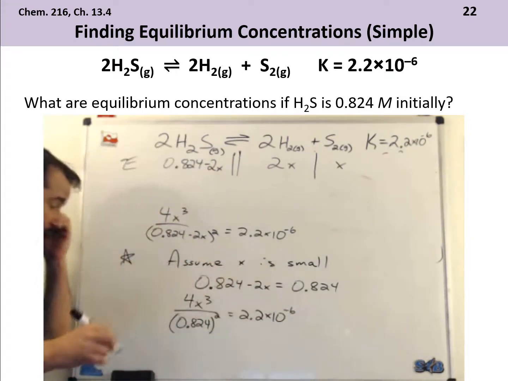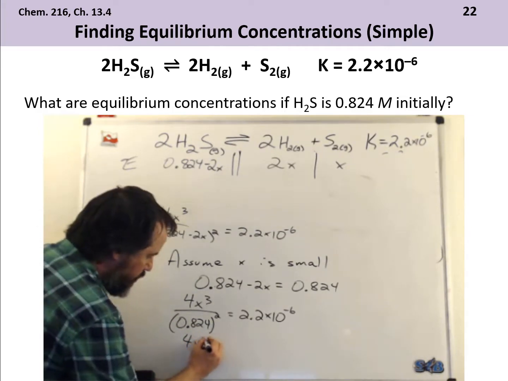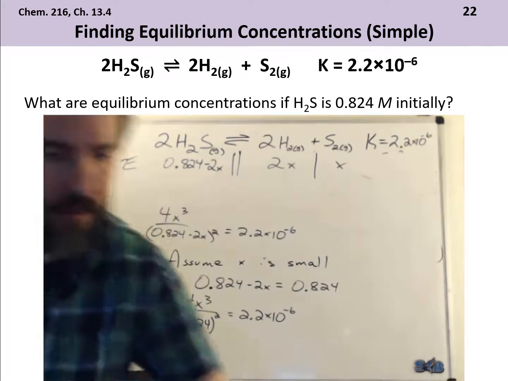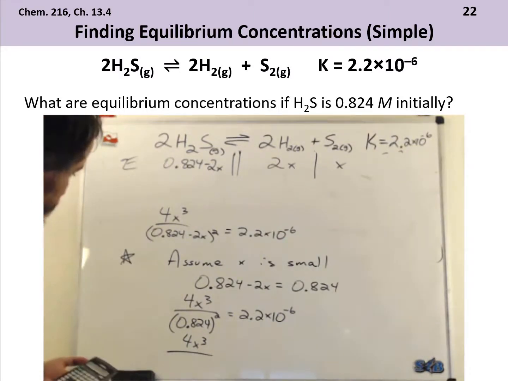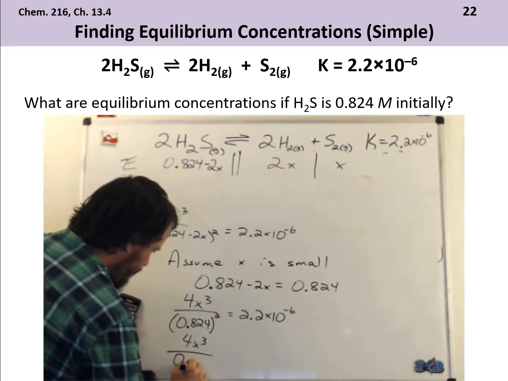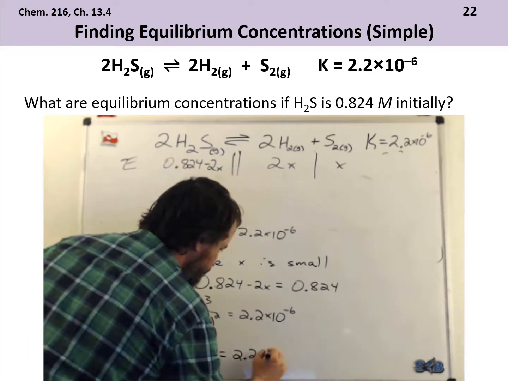I can go ahead, I can rearrange this, I can find this value. This will be 4x cubed over 0.679 equals 2.2 times 10 to the minus 6.